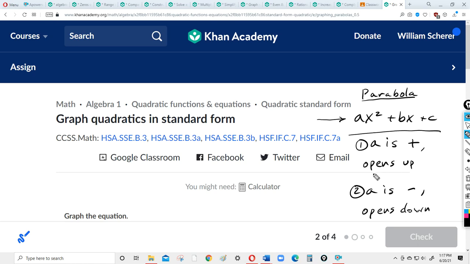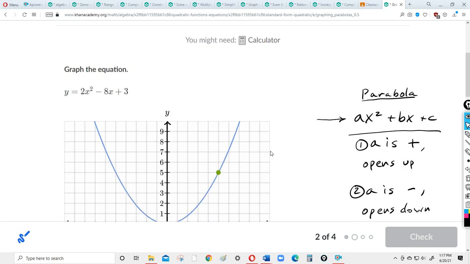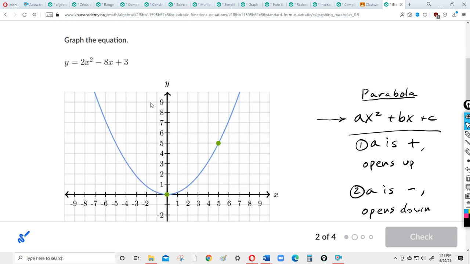Okay, so you might want to write that down. This is the equation, and this is what happens when a is positive or negative. So they give us these equations in this form, and they want us to graph the parabola.